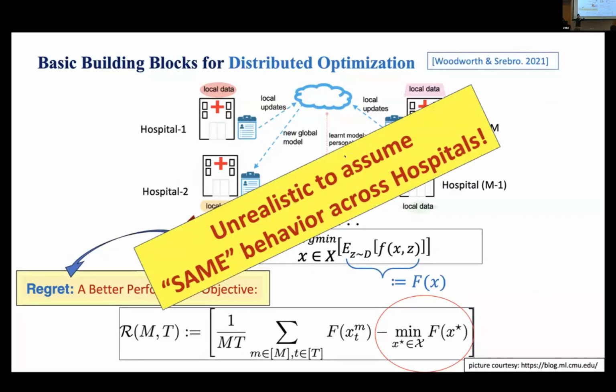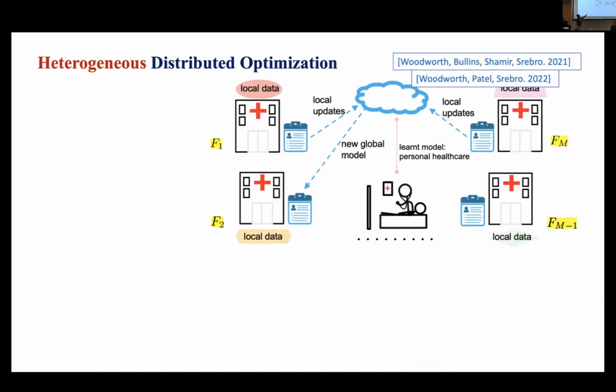Great. So that's coming to your question. It's interesting to assume that all the hospitals or patients are actually getting drawn from the same distribution. There's absolutely no way that's going to happen. So for the first slide that I showed, where I assumed all the functions were the same, I have changed it to now F1, F2, ..., Fn.